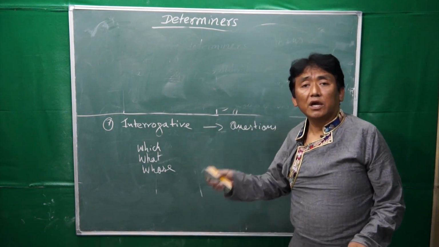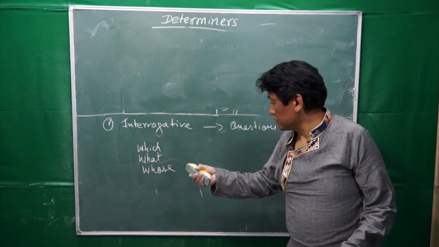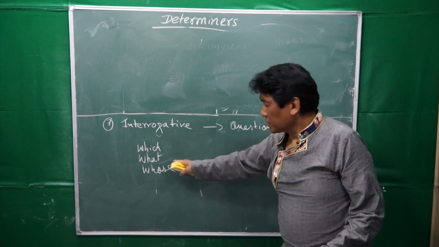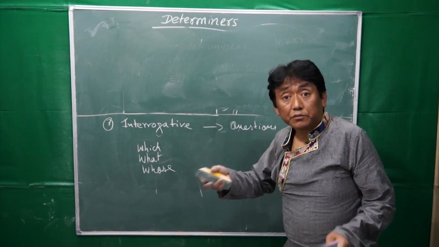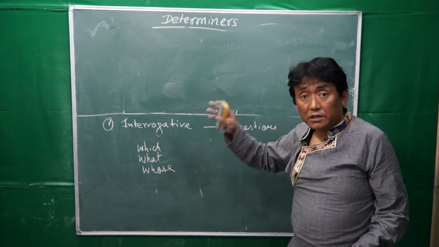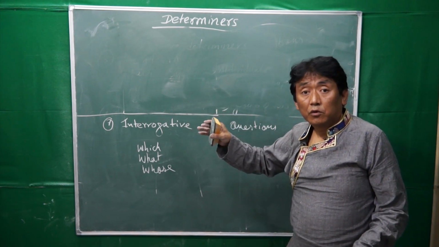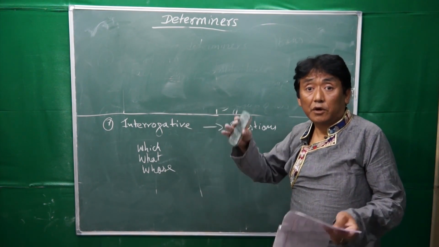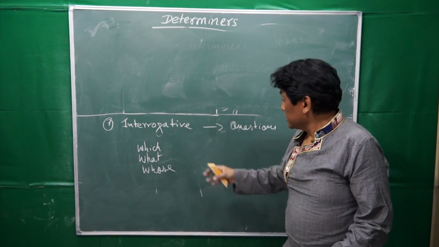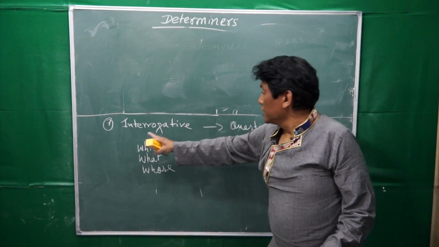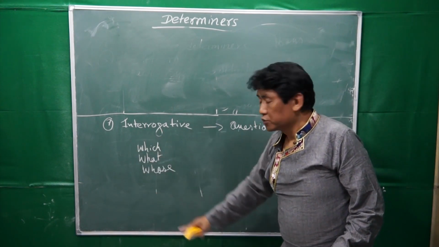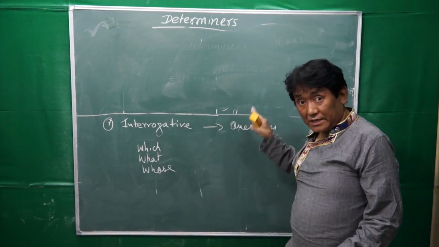Whose book is this? You can say that also. What problem are you facing these days? What problem means trying to ask about the noun problem. What problem? There are many problems, right? So this is how we can use interrogative determiners to determine the noun.